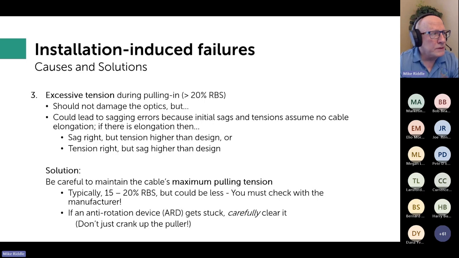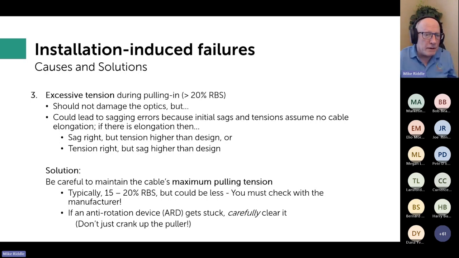But what I'm more concerned about when I'm talking about it here is when you're going even above 20% rated breaking strength, because somewhere above 20%, you risk causing sagging errors in the cable, because the initial sag charts or tables that you're going to work with to bring the cable up to sag assume that there is no cable elongation. But if I pull the cable too hard during stringing, the cable can elongate.